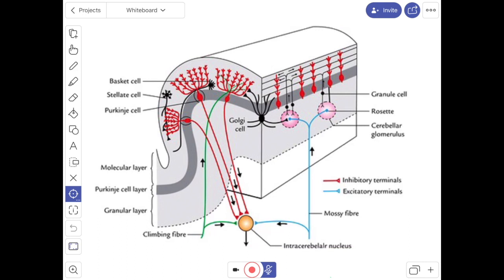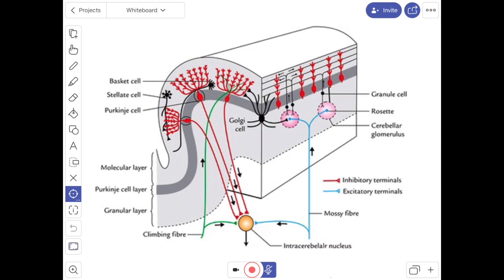Next, we'll see about the intrinsic neurons of the cerebellar cortex. There are 5 types of intrinsic neurons of the cerebellar cortex. They are the Purkinje cells, then you have the granule cells, then the stellate cells, then the basket cells, and the 5th one is the Golgi cells.